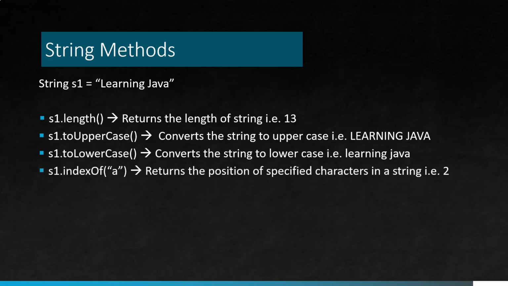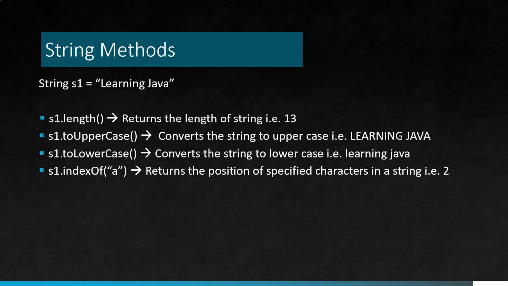The next is indexOf, and we need to specify a specific character for which we want to find the position in the string. It will return the position of the character which you have specified in the method. In our case, we have mentioned A, and the position of this character is 2.